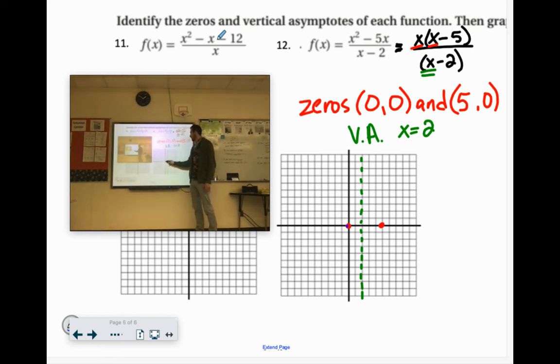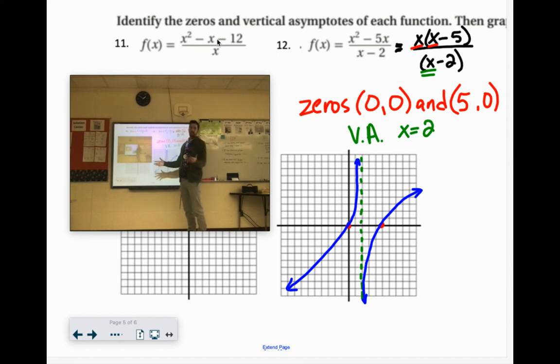So from this (0, 0), as it approaches this asymptote, it's going to get larger. As it goes to the left, it's just going to get further and further away. And then it kind of reverses. So from this other zero, we'll go towards the asymptote to the left, away from the asymptote as we go to the right. Dare we do number 11?